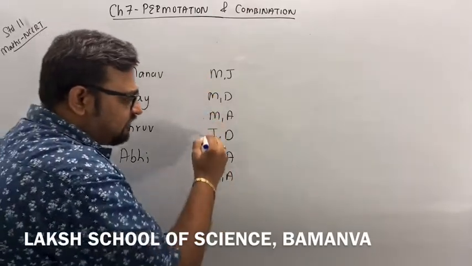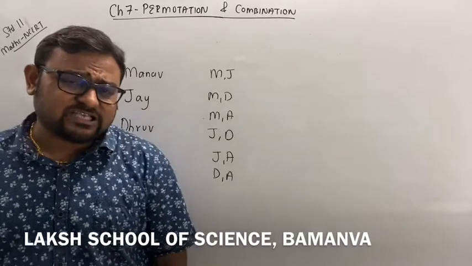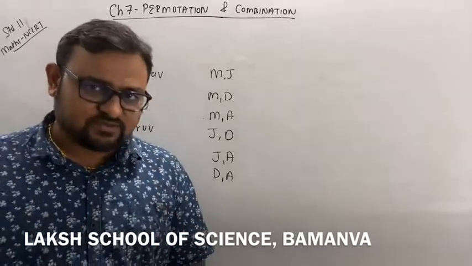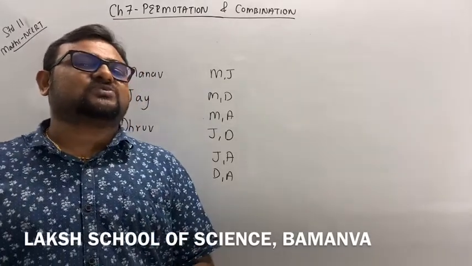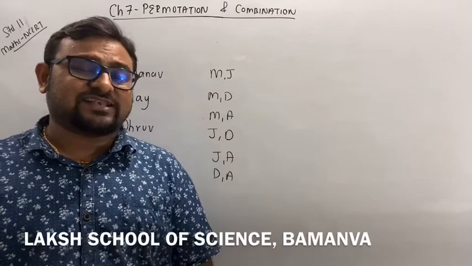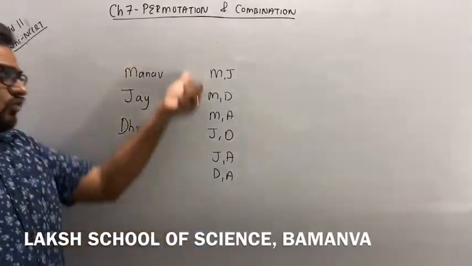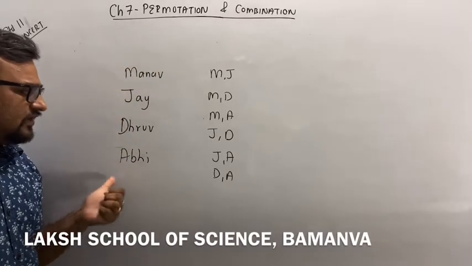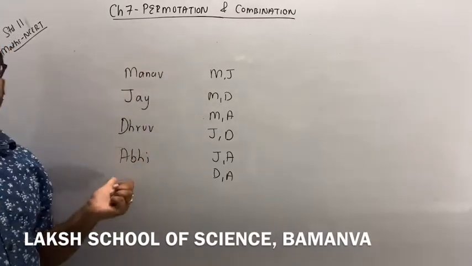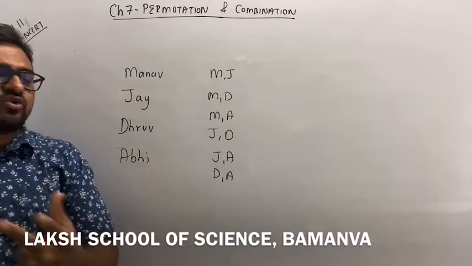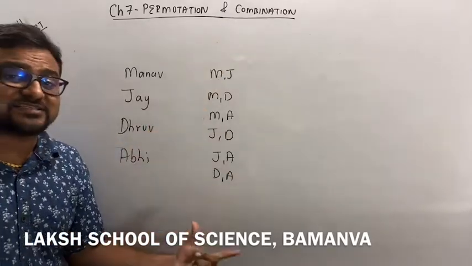One, two, three, four, five, six. There are maximum six ways in which you can select two friends from four. Among these four friends, you have to select two, and you can do it in maximum six ways.